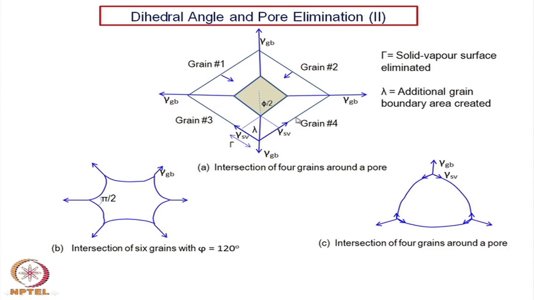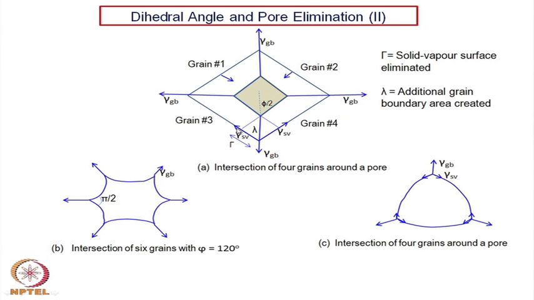So, we have reduced the solid vapor area, but we have increased the solid area, that is the grain boundary energy. So, this is the increase in energy, and these two on this side are the reduction in the energy. So, that is what has been mentioned.